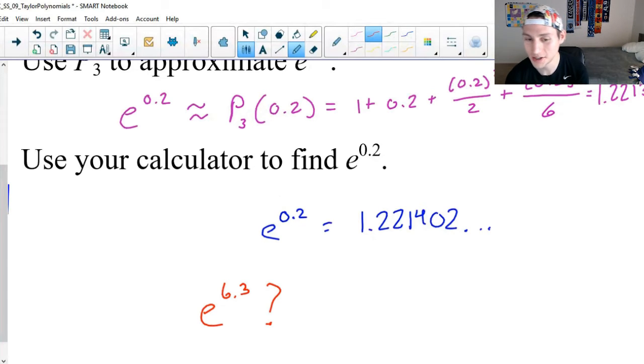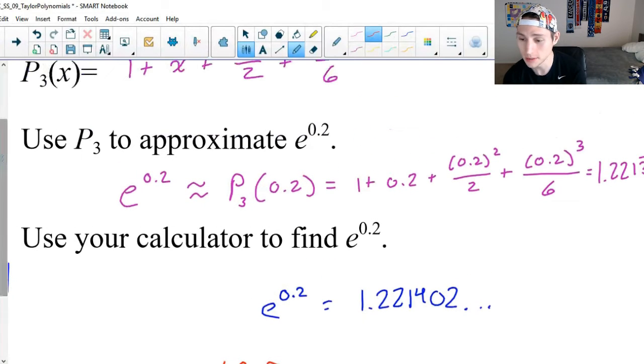If I wanted to approximate e to the 6.3, a third degree Taylor polynomial probably wouldn't be good enough, because this polynomial that we used was centered around 0.